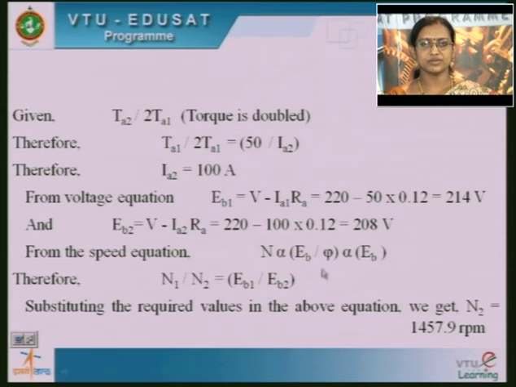I already told you that in case of shunt motor, flux phi is constant. That is why N is only directly proportional to EB. So, N1 divided by N2 is equal to EB1 divided by EB2. You have calculated EB1 and EB2, you know the value of N1, substitute. Now, the new value of N2, that is the speed of the motor, is 1457.9 RPM.